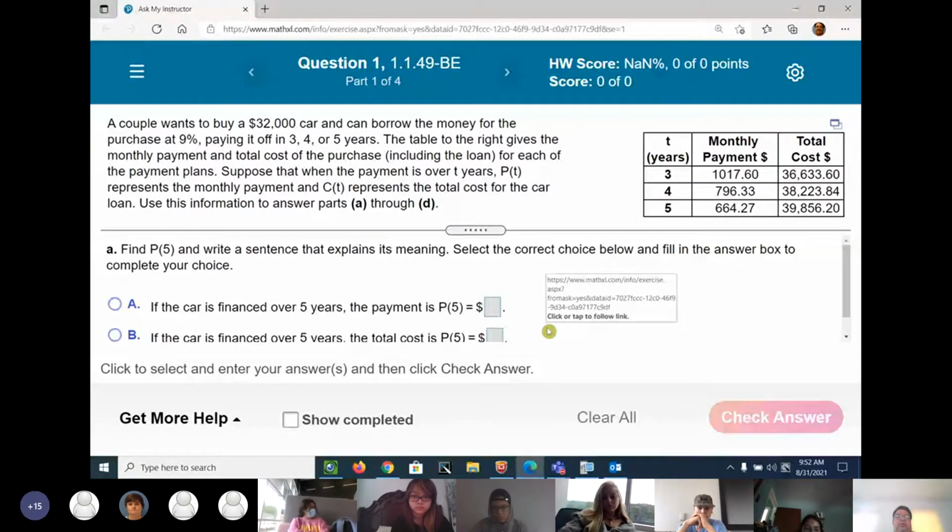The table to the right gives the monthly payment and total cost of the purchase, including the loan, for each of the payment plans. Suppose that when the payment is over T years, P of T represents the monthly payment and C of T represents the total cost for the car. Use this information to answer parts A through D.